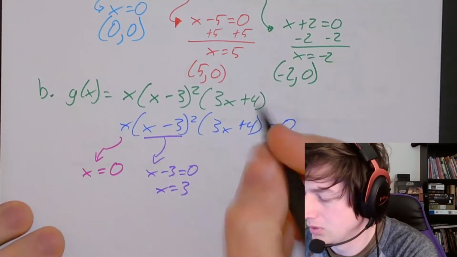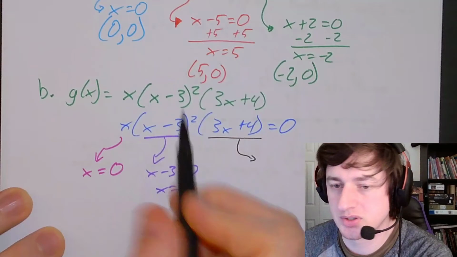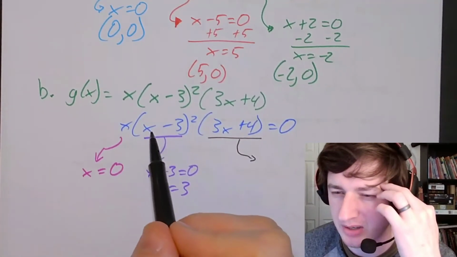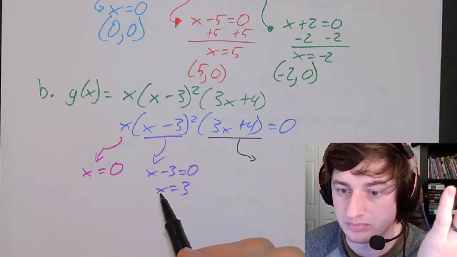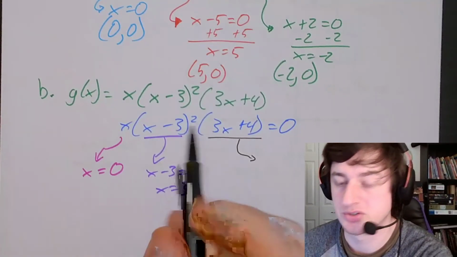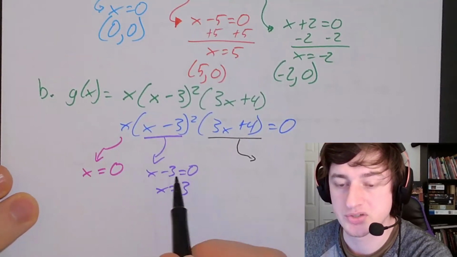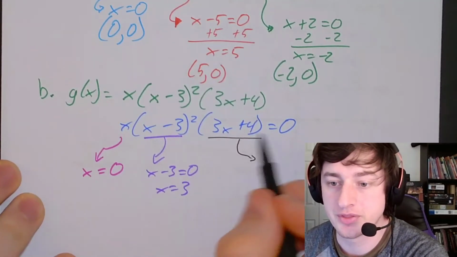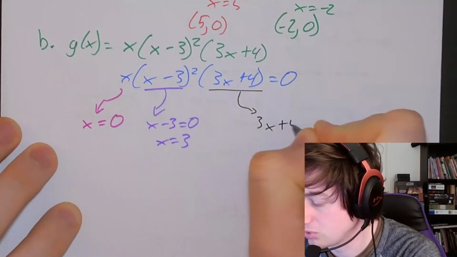Before, for this x minus 3, I just need to think in my head, okay, what minus 3 equals 0? 3. 3 minus 3 equals 0. And so I don't really need to write this algebra step out. I can just say, oh, x equals 3. For this, though, we're saying 3x plus 4 equals 0.